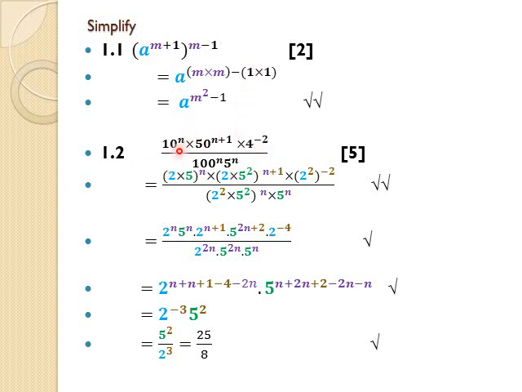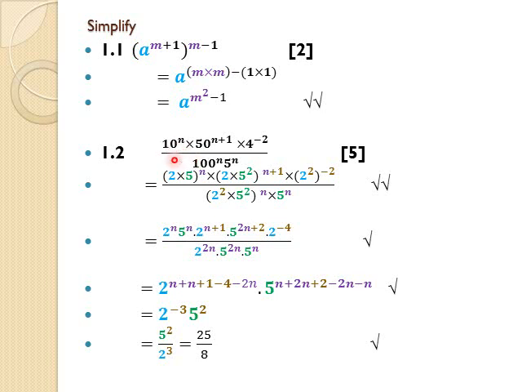1.2, as I said, in general, we will test multiplication and division of exponents. And generally, we start off grade 12 or grade 11 work with whether you can create prime bases. So you see 10 is not a prime number, 50 is not a prime number, 100 is not a prime number.